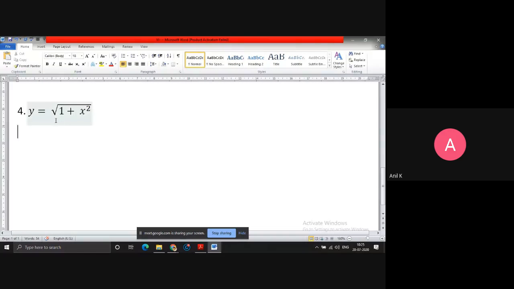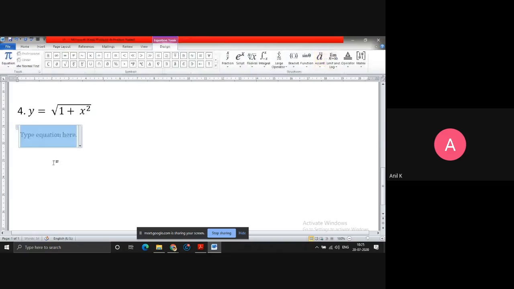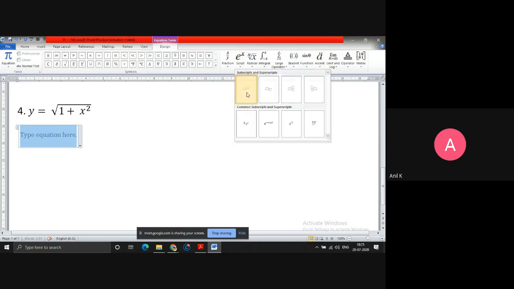If I do direct differentiation, root theta differentiation is 1 upon 2 root theta into derivative of theta. But by solving that way, I don't get my answer in the desired form. What you can do is square on both the sides. So if I square both the sides, what do you get?